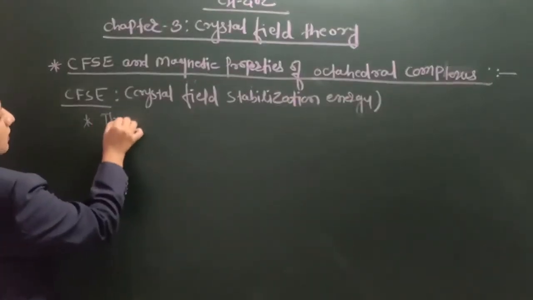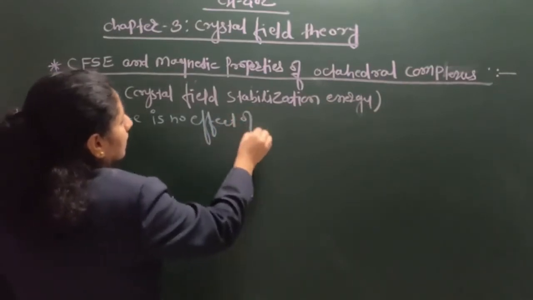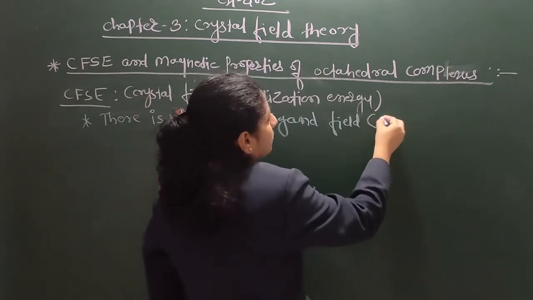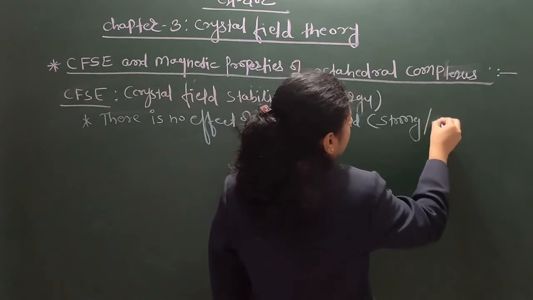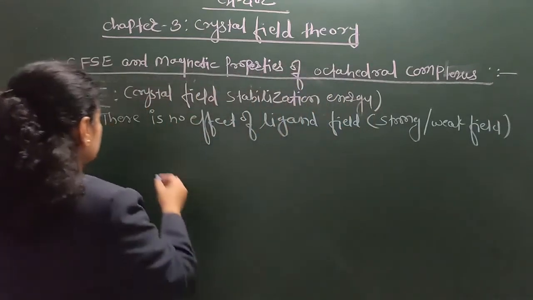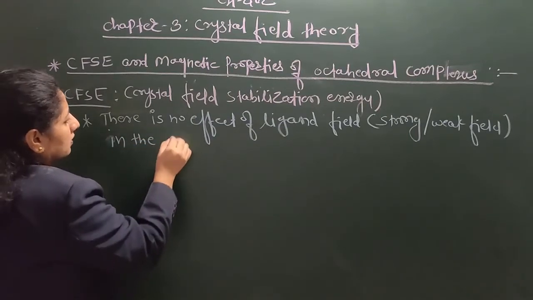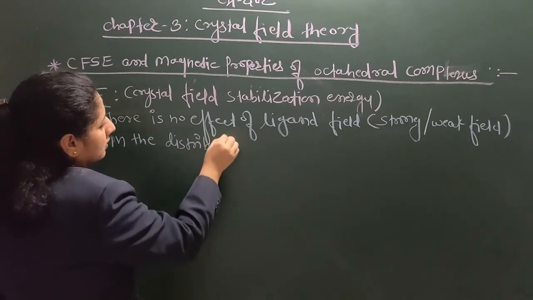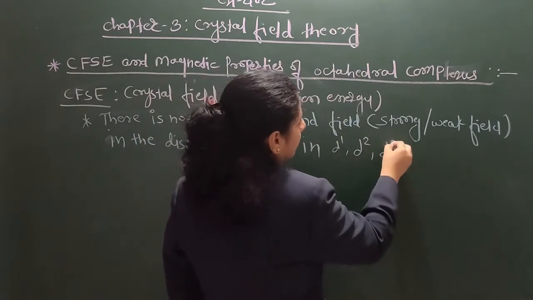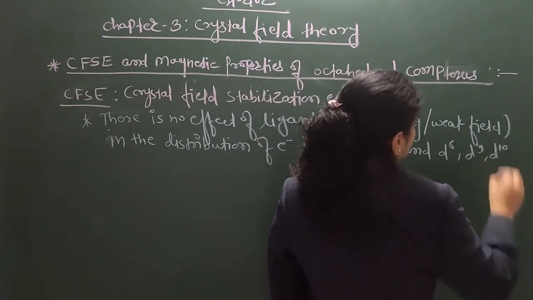There is no effect of ligand field, strong or weak, on the distribution of electrons in d1, d2, d3 and d8, d9 and d10 systems.